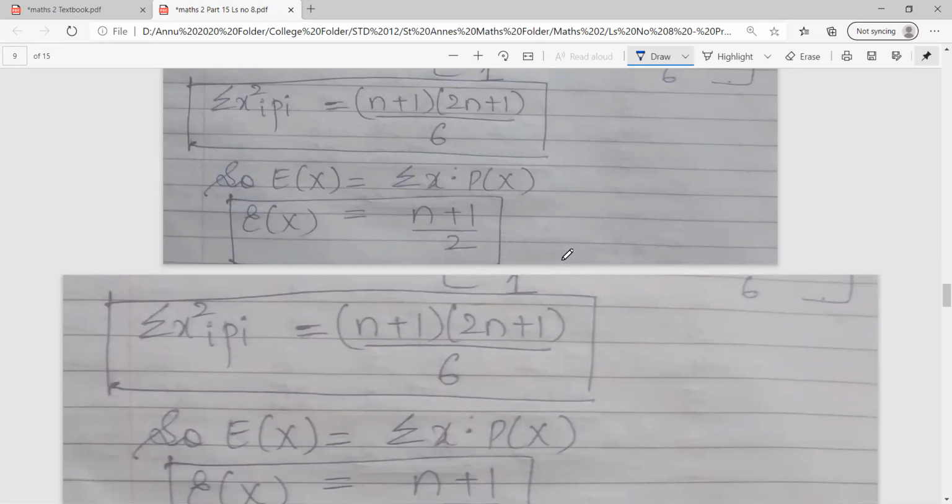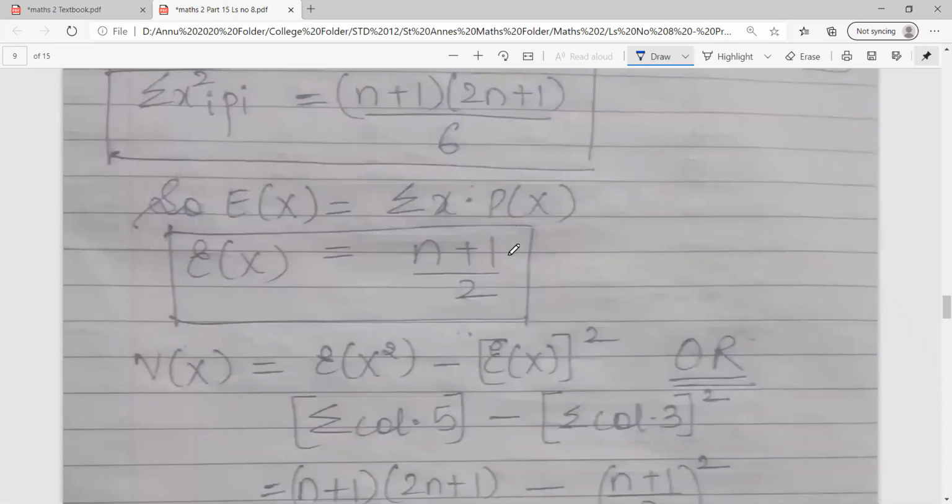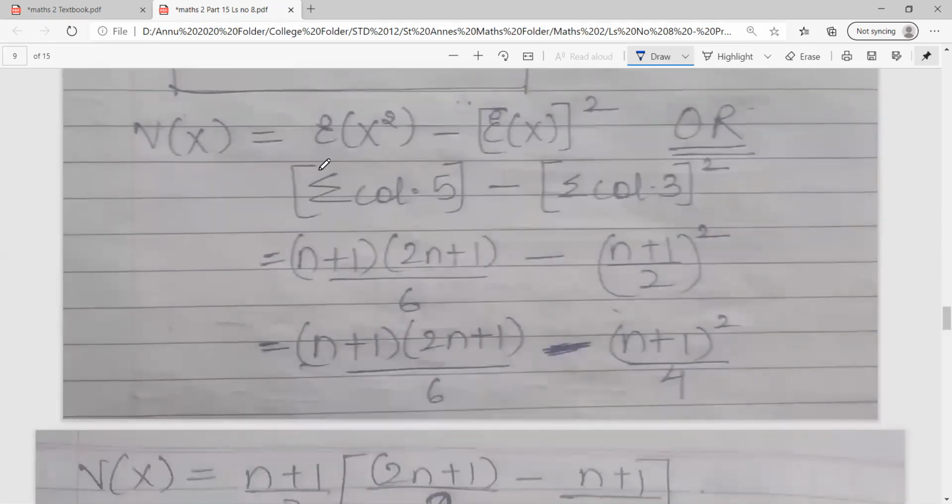So now E of x is nothing but summation x into P of x. The total which I got was n plus 1 upon 2. Summation x square i pi is n plus 1 into 2n plus 1 upon 6. Now for variance, I will put the formula E of x square minus E of x the whole square.